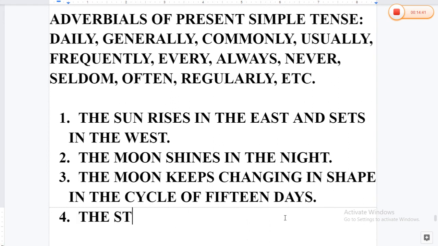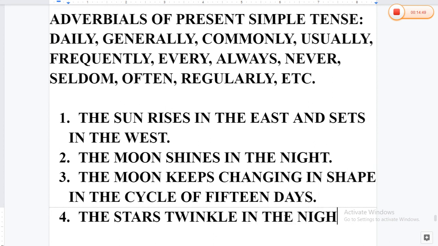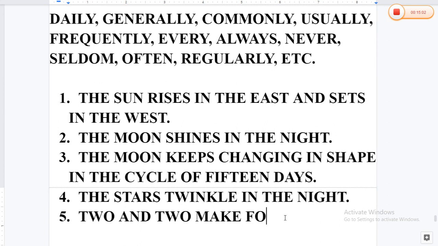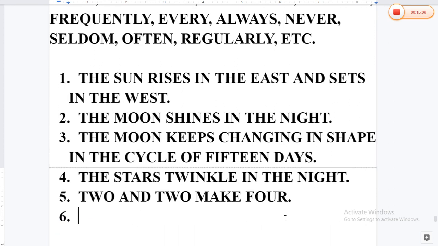The stars twinkle in the night. All these are scientific truth. Now let's take some mathematical truth: 2 and 2 make 4. These are examples of universal truth.